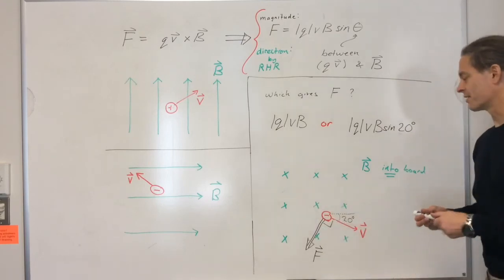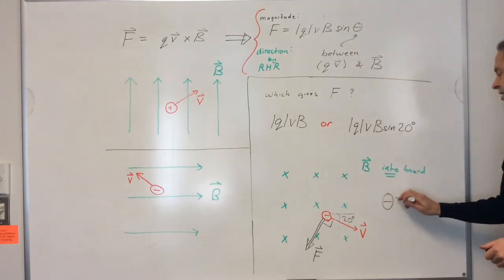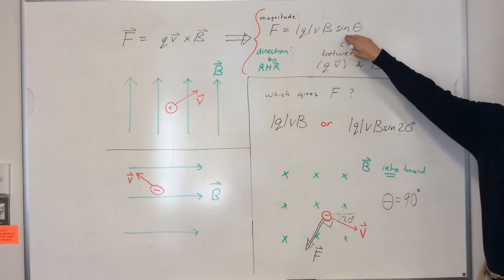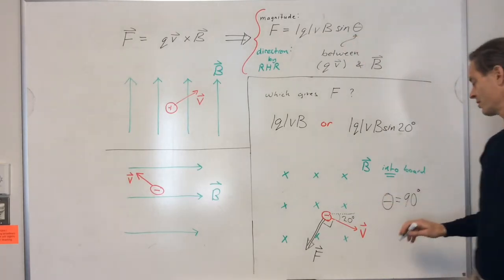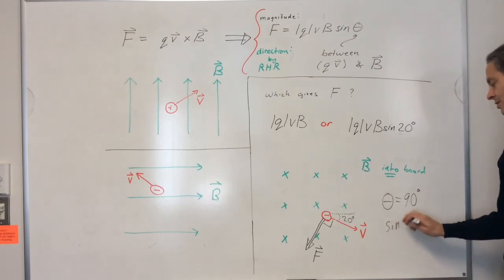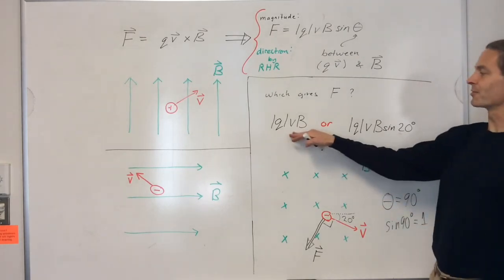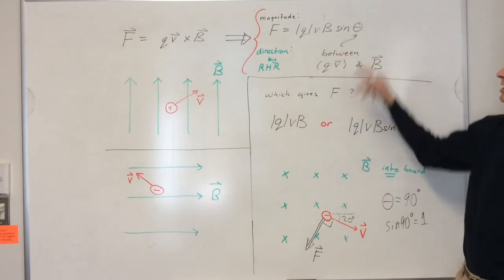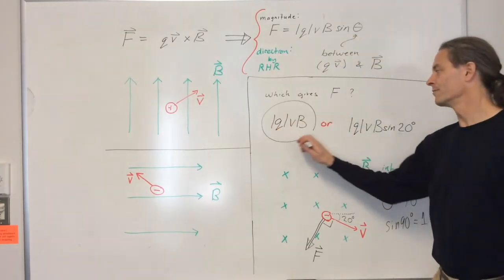So the theta that I want for this expression is actually 90 degrees. The sine of 90 degrees is 1. So I actually have QV times B times sine of 90 degrees, but sine of 90 degrees is 1. So really this is the right expression. This is Q times V times B times sine of 90 degrees. So I've got a 1 in here. So this is the right one.